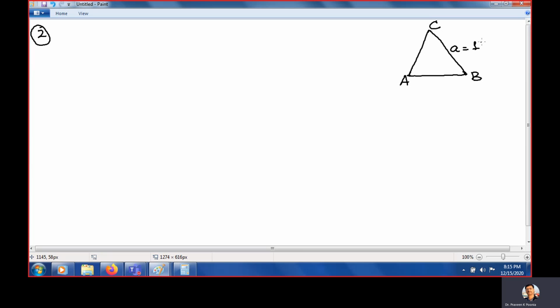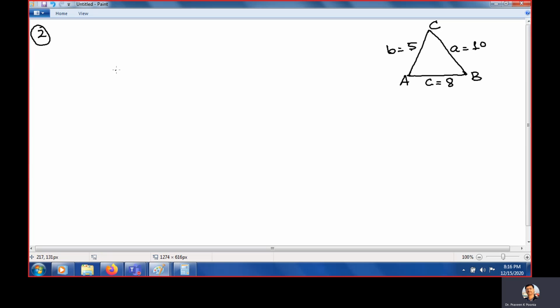Let us take A is equal to 10, B is equal to 5, and C is equal to how much? Let us take 8. These values we have taken: 5, 8 and 10. A similar example is given in your book. After solving this question, you can practice that question as an example.